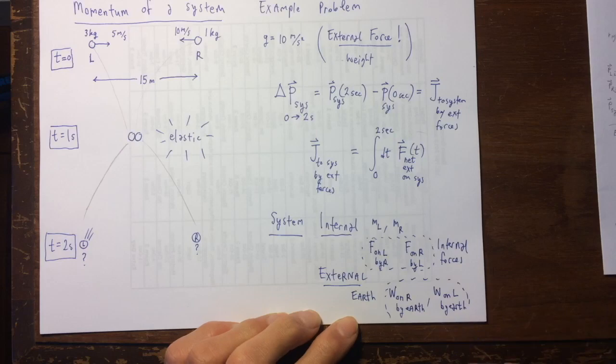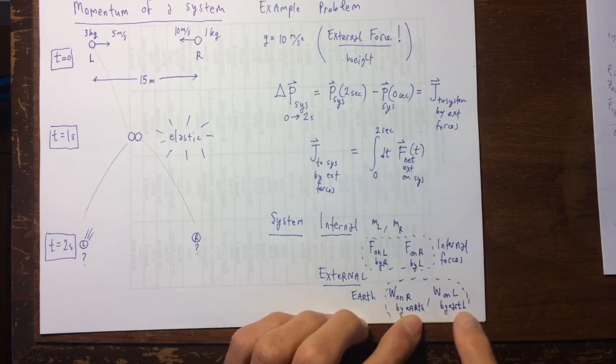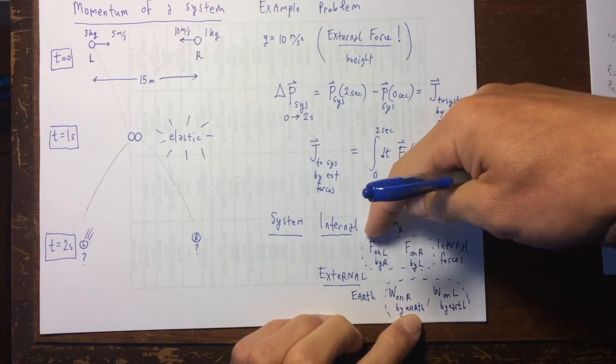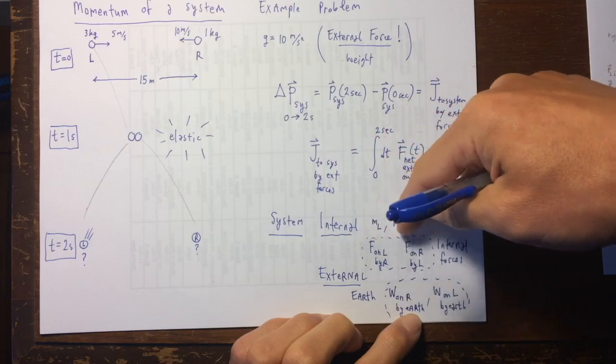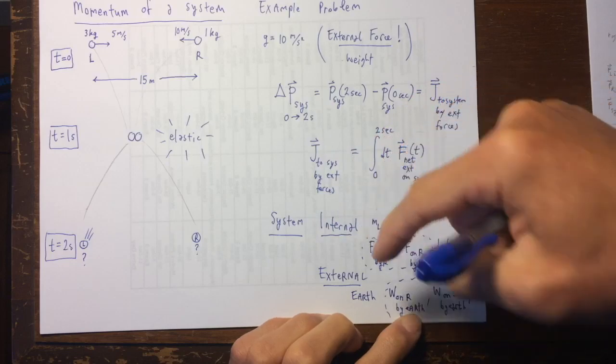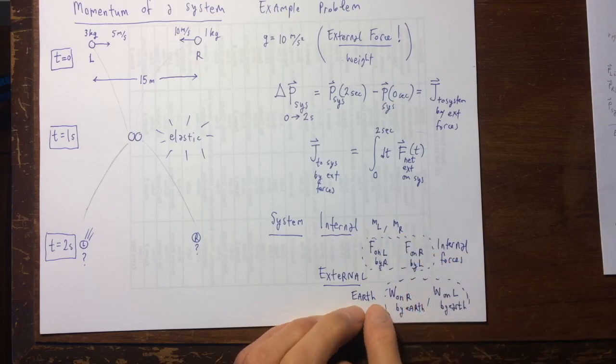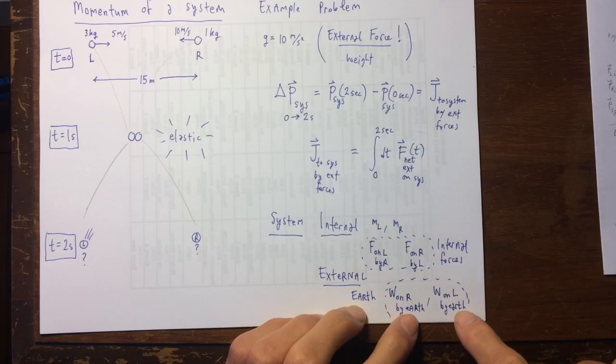They're external because one of the objects involved is not within the system. I'm only going to study these two objects as the objects of the system, and the Earth is not part of that list. So since the Earth is external to the list, any forces that involve the Earth are considered external.